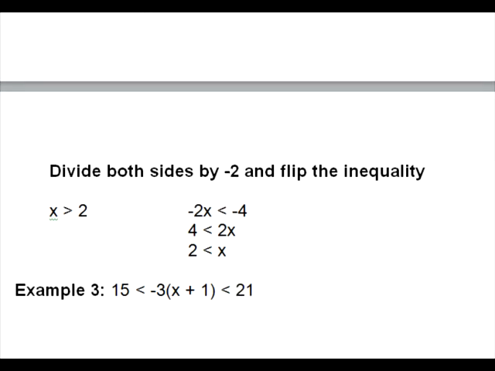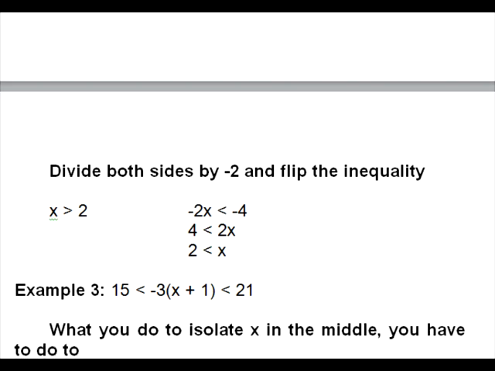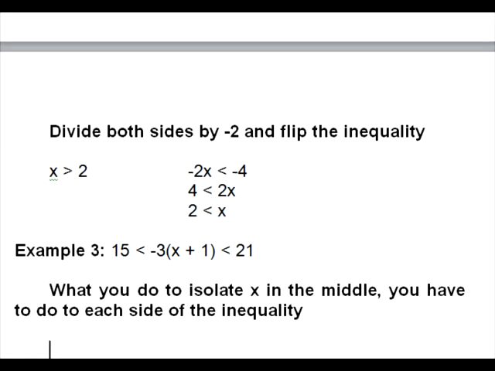Okay, now this one looks frightening again because there's 2 inequality signs. The rule is what you do to isolate x in the middle, you have to do to each side of the inequality. So in this case, what you do to the middle, you have to do to both sides.